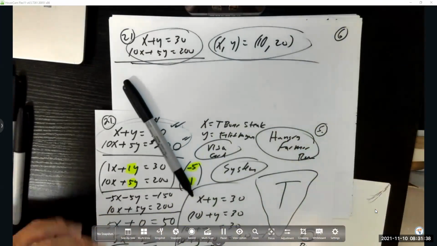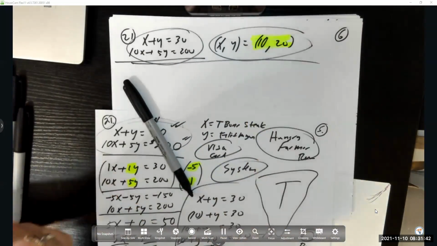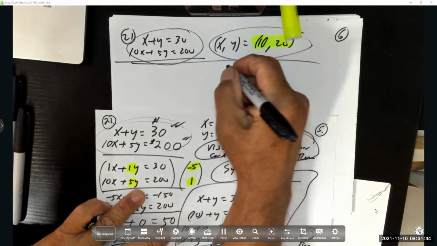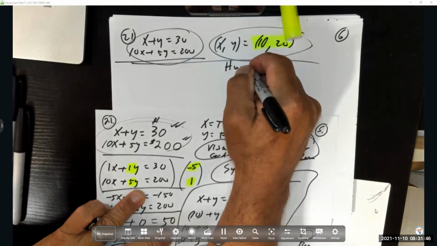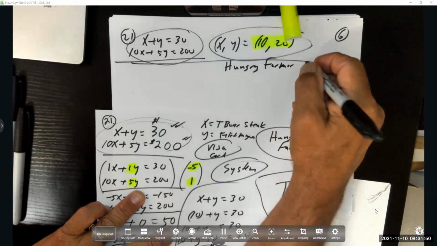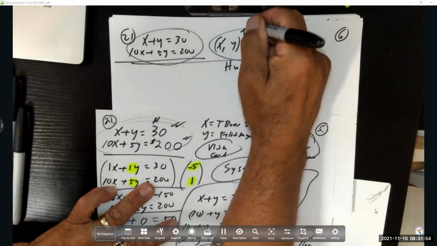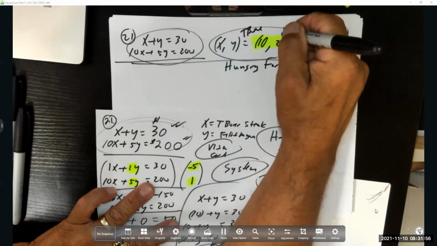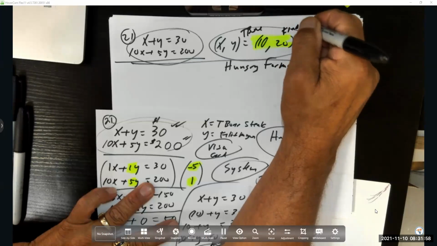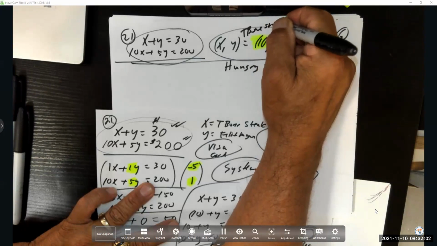And now, after you ate there at the Hungry Farmer and it was fun, you had your T-bone steak, your fillets. You had all this stuff right here.